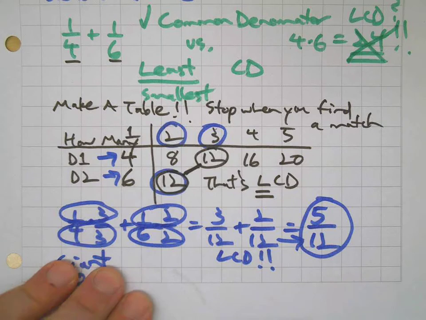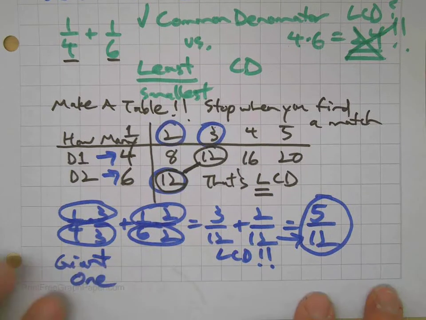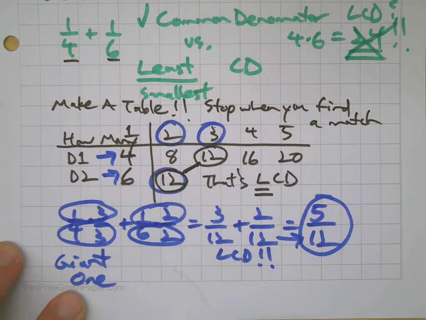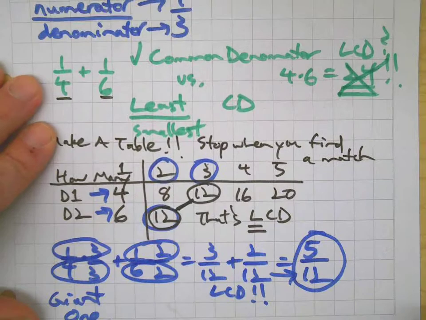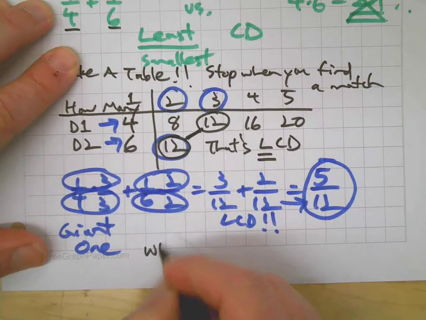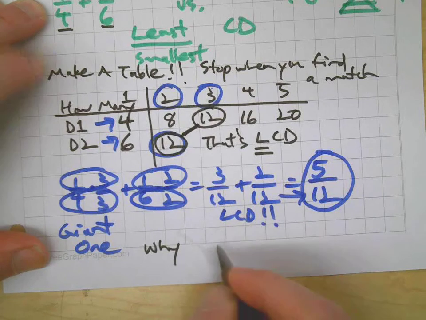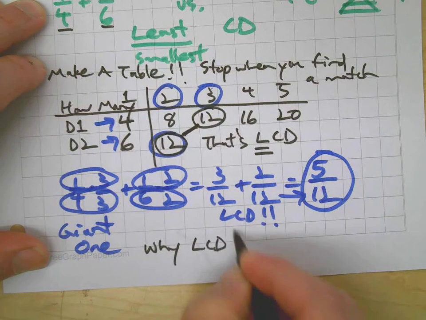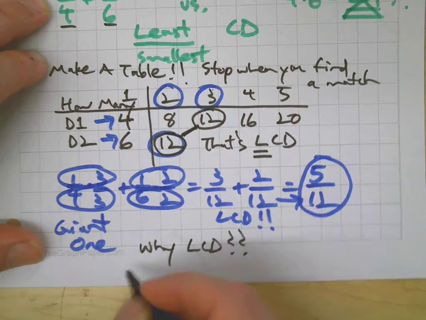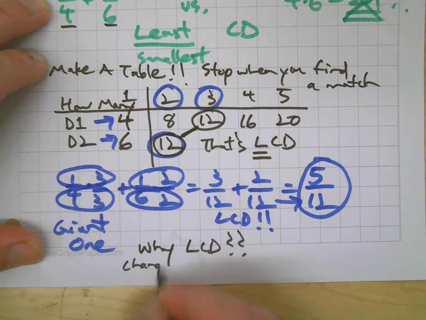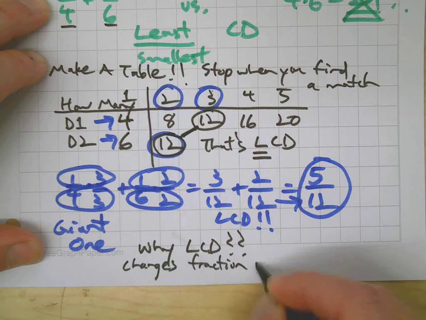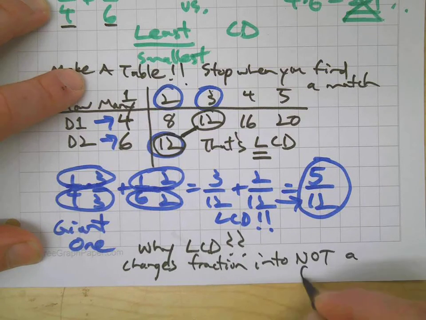Now, I'm almost out of room on this page, but something that's kind of cool, that's important that I want you to get here is why we even need an LCD. Here's why. It changes a fraction problem into not a fraction problem.